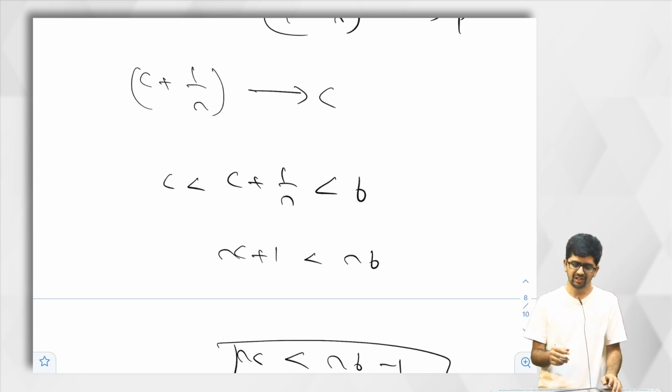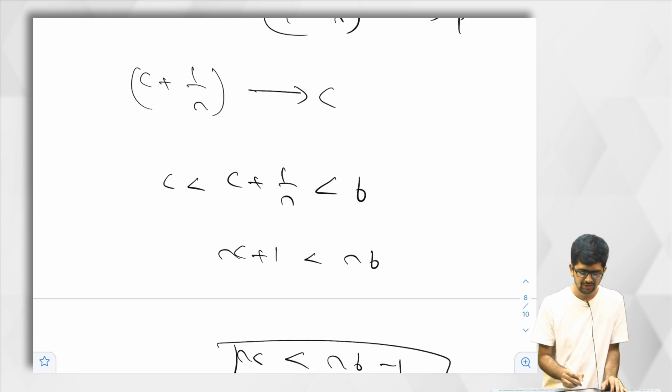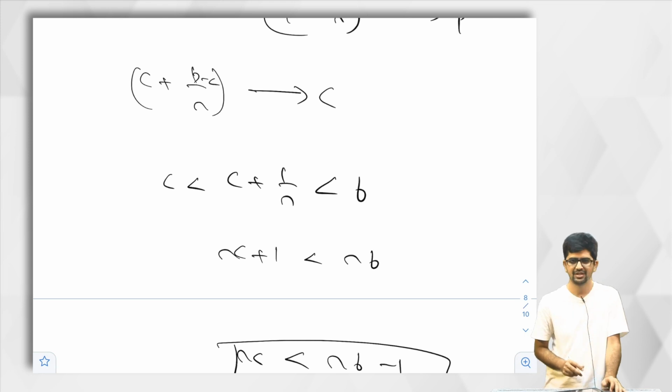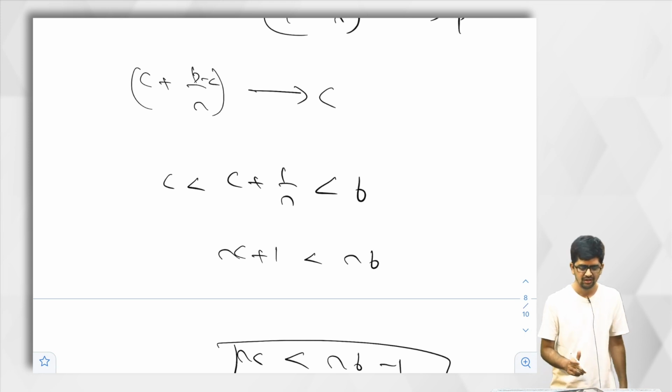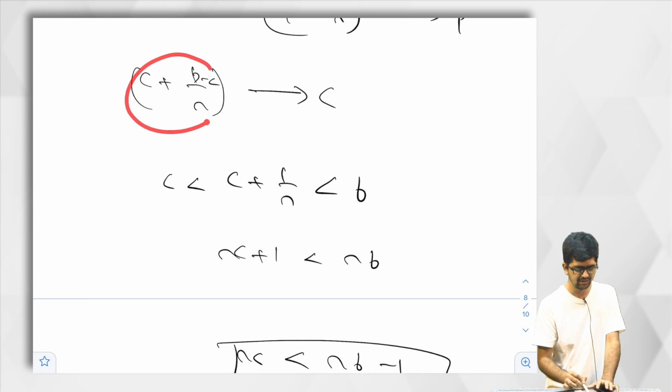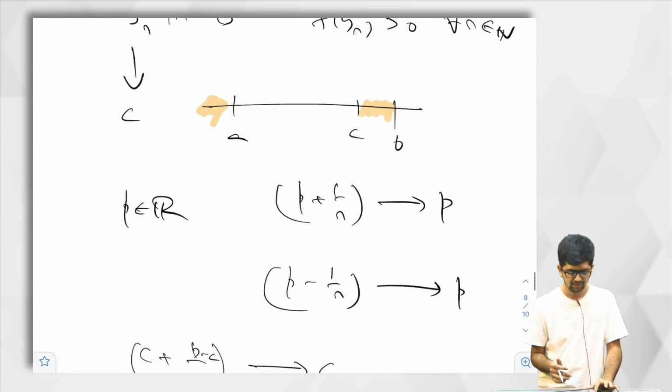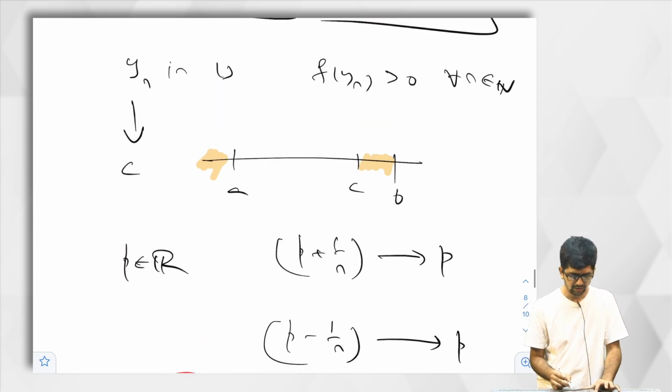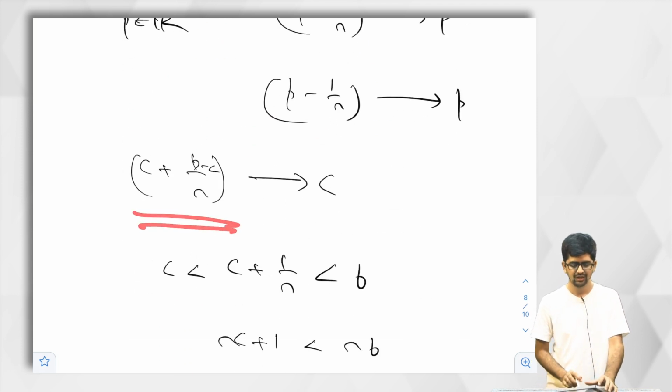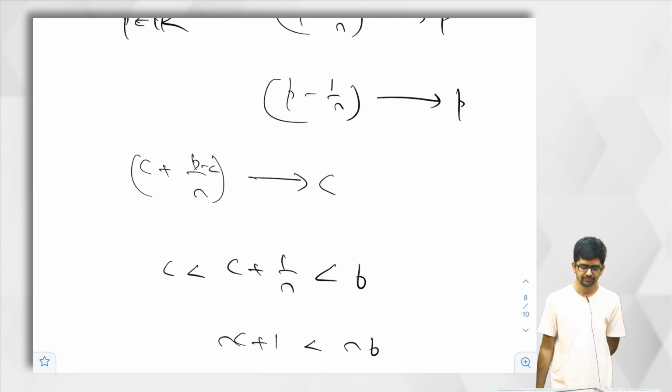The change we are proposing is the following. Instead of 1, we take B minus C. B minus C is positive, so this element is still on the right side of C, and f of this will still be positive.